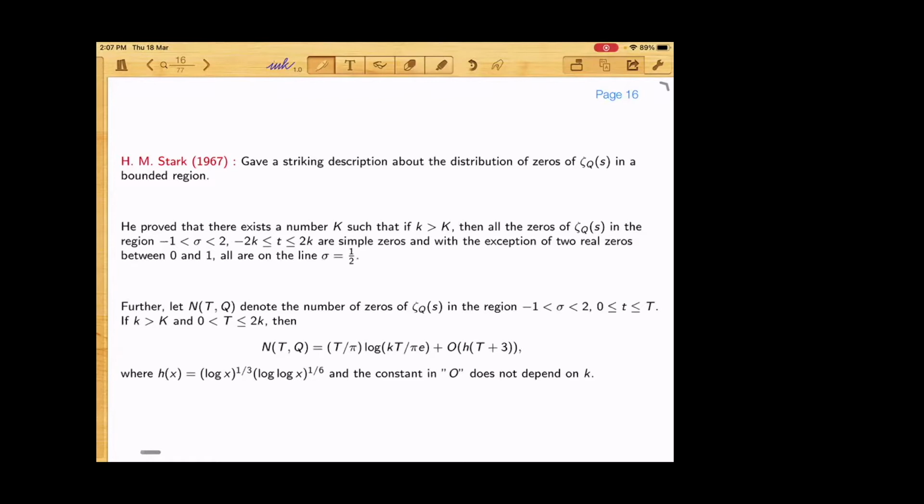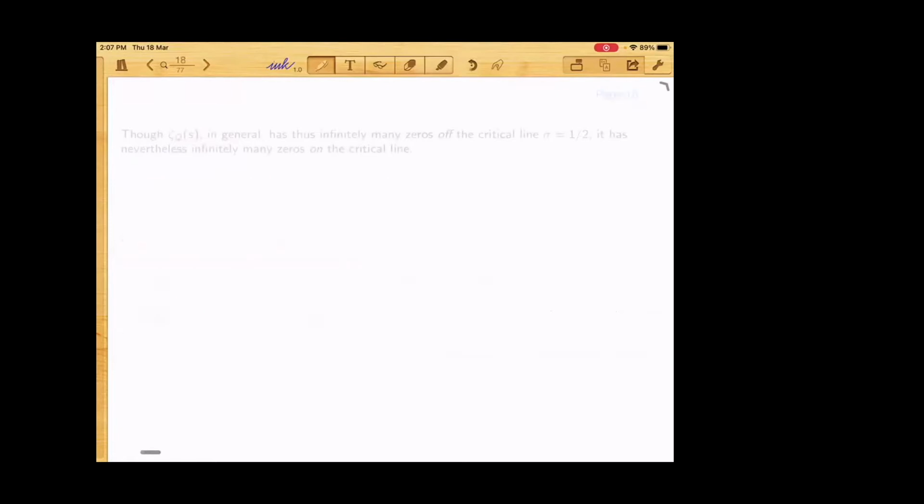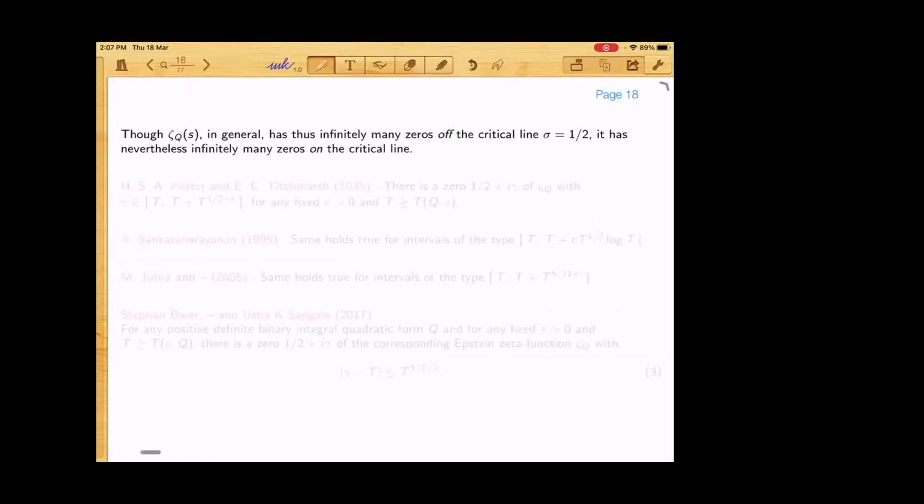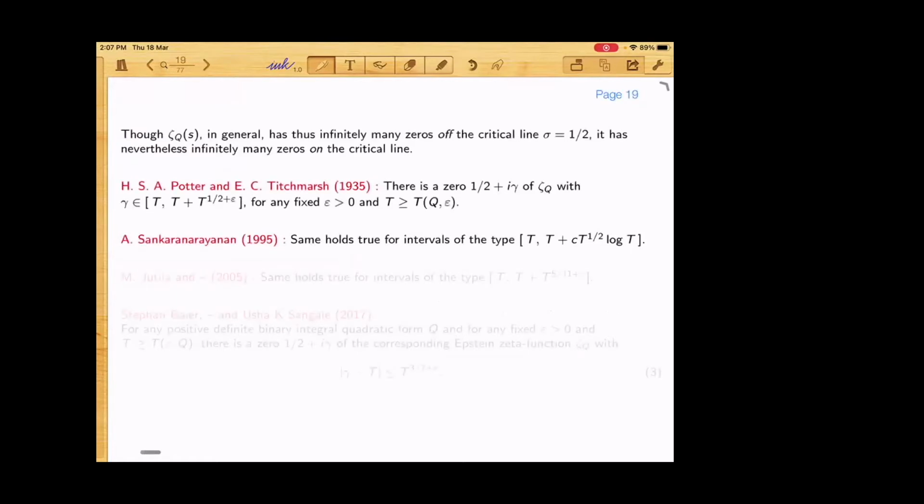He further gave a zero density estimate of this type. Therefore, though this Epstein zeta function has infinitely many zeros off the critical line, nevertheless, it has infinitely many zeros on the critical line, and that is our interest.